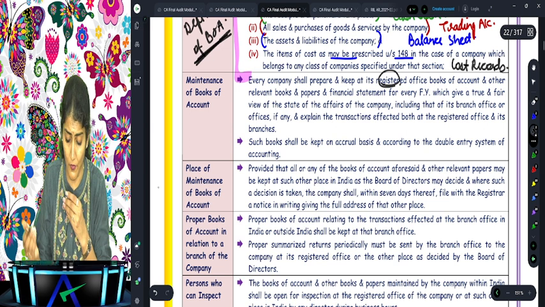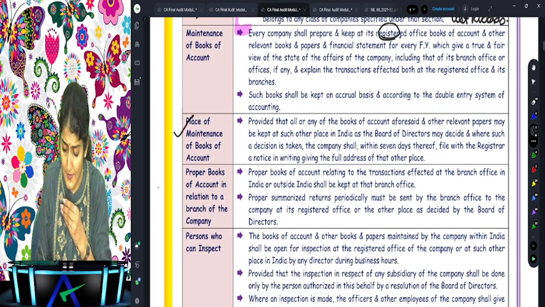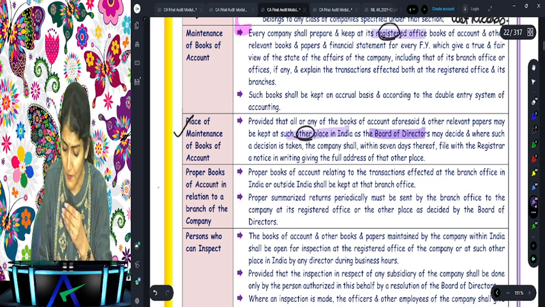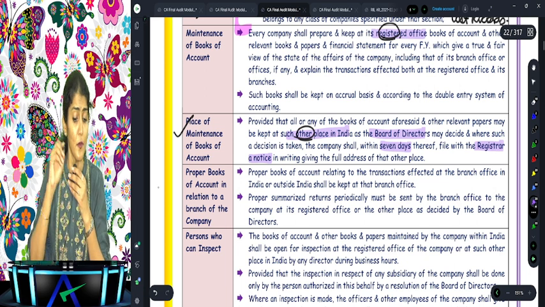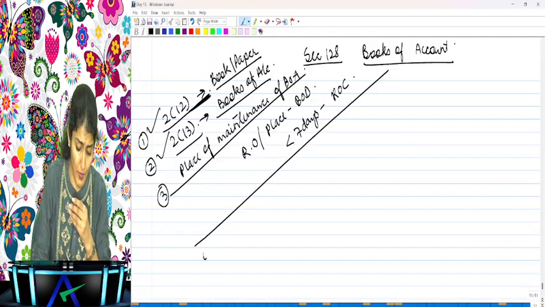Okay, keep at its registered office, or what does it say? Is the proper books of account. And what is the place of maintenance? They have to be kept at the registered office or such other place in India. So either keep them at the registered office or such other place which the board of directors decide, and within 7 days the new address, full address, is to be intimated to ROC. Okay, then also we have a question over there regarding the proper books of account.